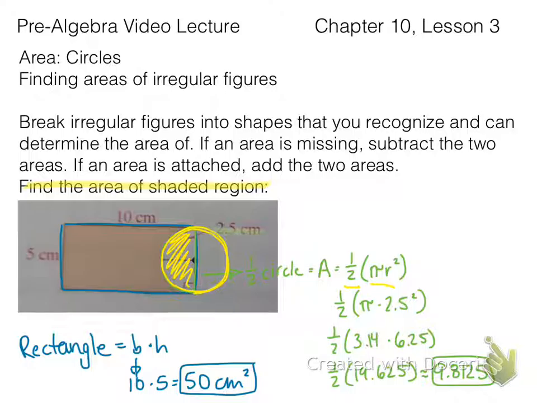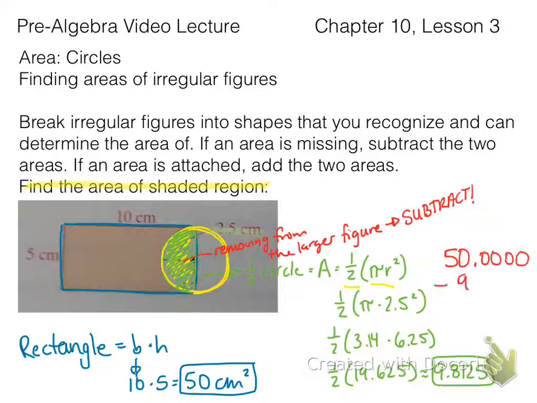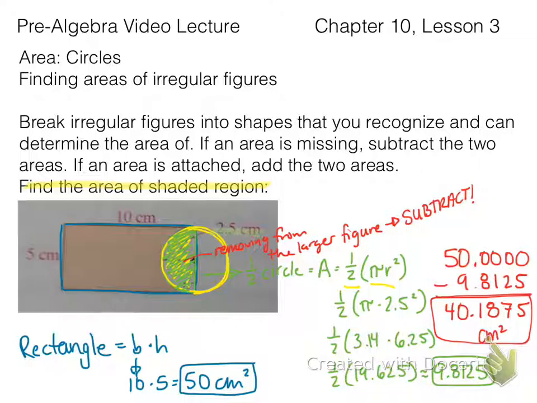Now, since I'm removing that area of the half, I'm going to take my rectangle and subtract my half circle, which gives me that. So the rectangle minus the half circle has an area of 40.1875 centimeters squared. And that's it.